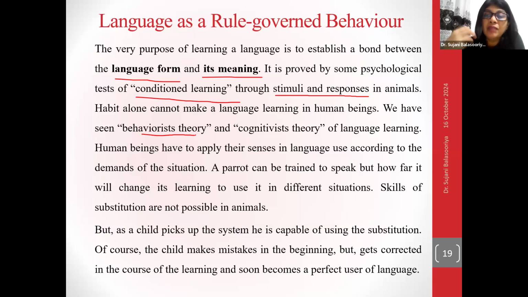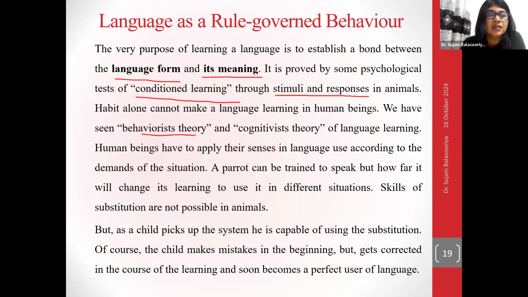SR principle, imitation, reinforcement. These are the key ideas as well as key terms in behaviorist theory. So conditioning learning is where we talk about learning a language through stimuli and responses. This happens among human children as well as animals.